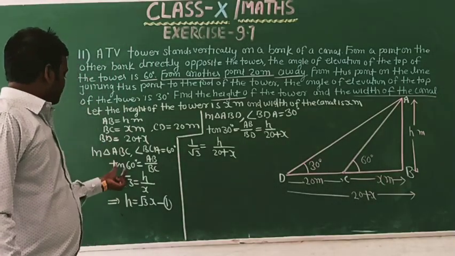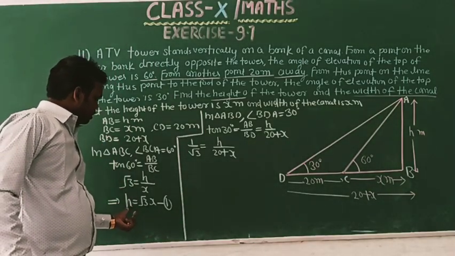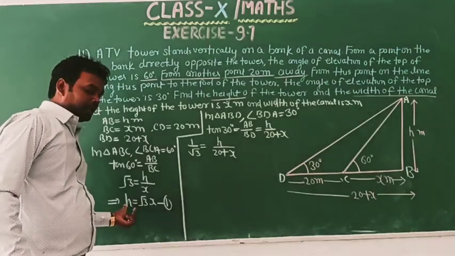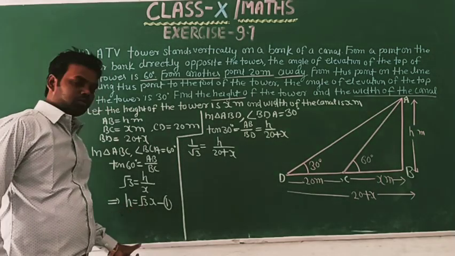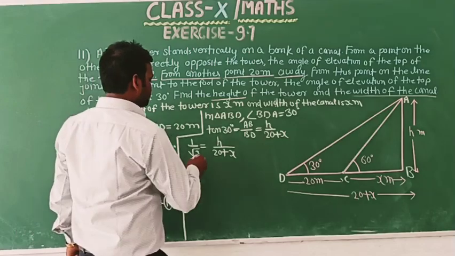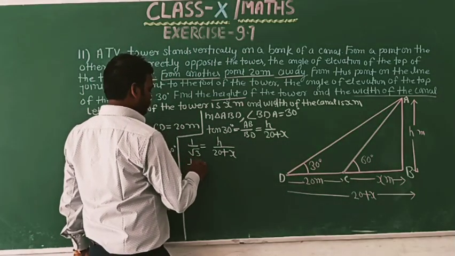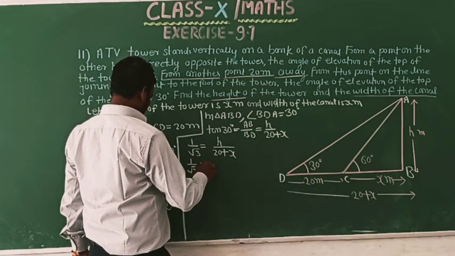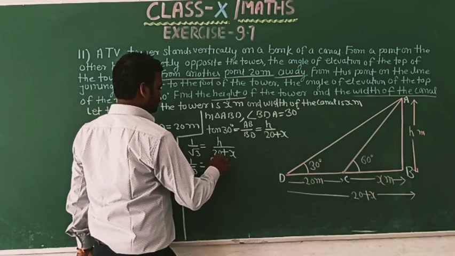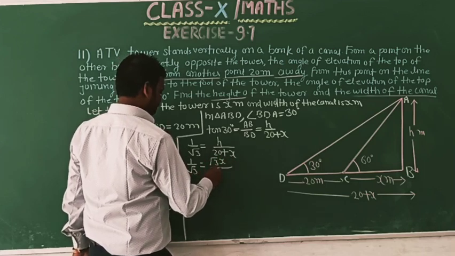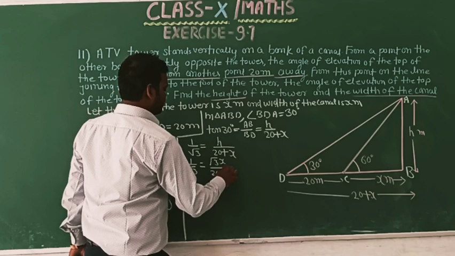Now using equation 1, h equal to root 3 into x. So 1 by root 3 equal to root 3 x by 20 plus x.